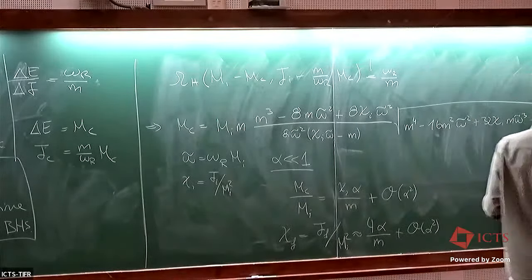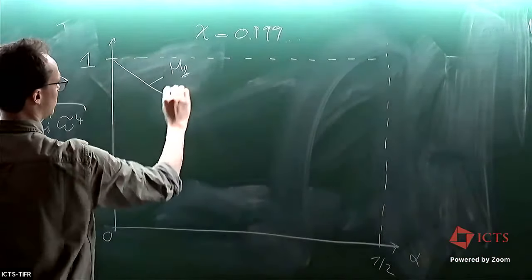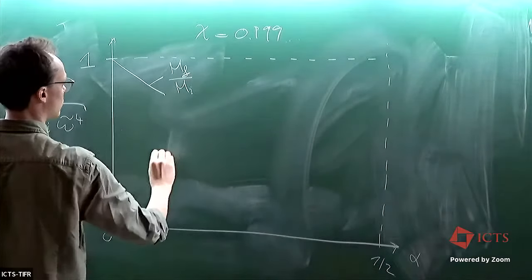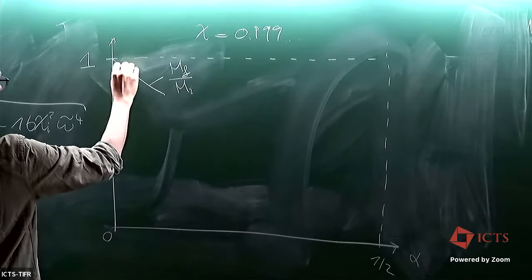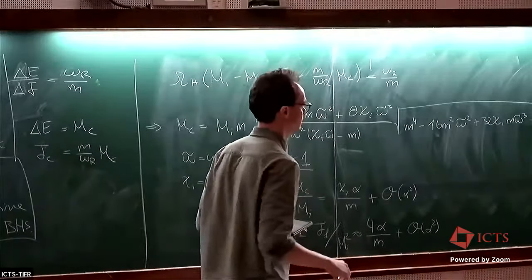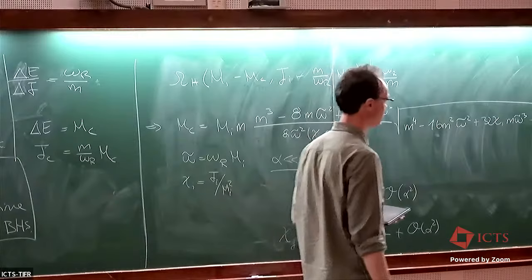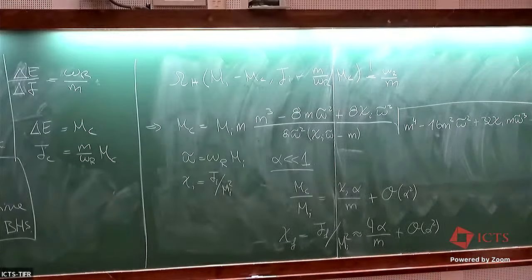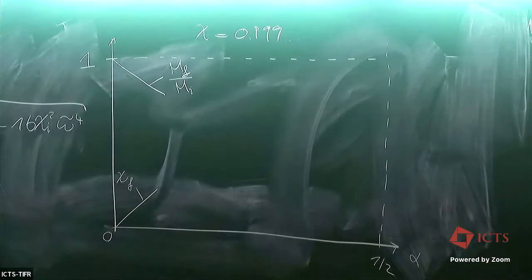Okay, so if I plot here the ratio of the final mass to the initial mass of the black hole, then it will start at 1 and then decrease roughly linearly in alpha, depending on the spin. And then the final spin of the black hole will roughly increase linearly in alpha, like so.